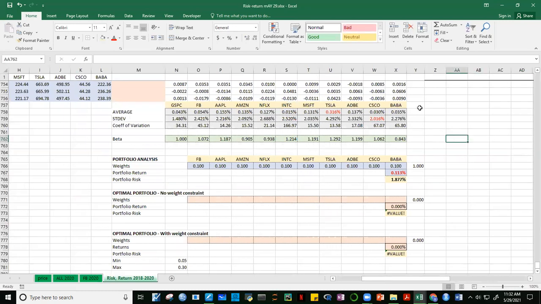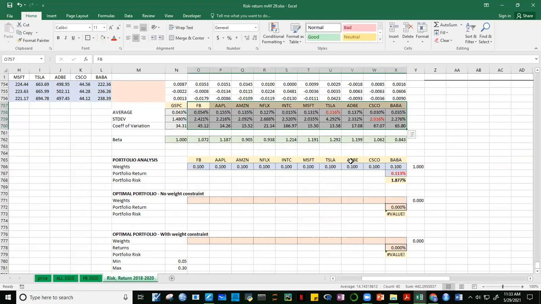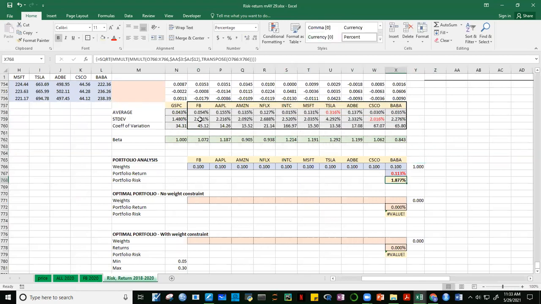Okay. If you will now compare that with the risk of your assets, except for GSPC kasi hindi naman kasama si GSPC. No? Ito yung mga assets natin, ito yung portfolio natin. If you take a look at this guys, si 1.877, okay, walang asset na mas mababa pa kaysa risk ng portfolio natin.